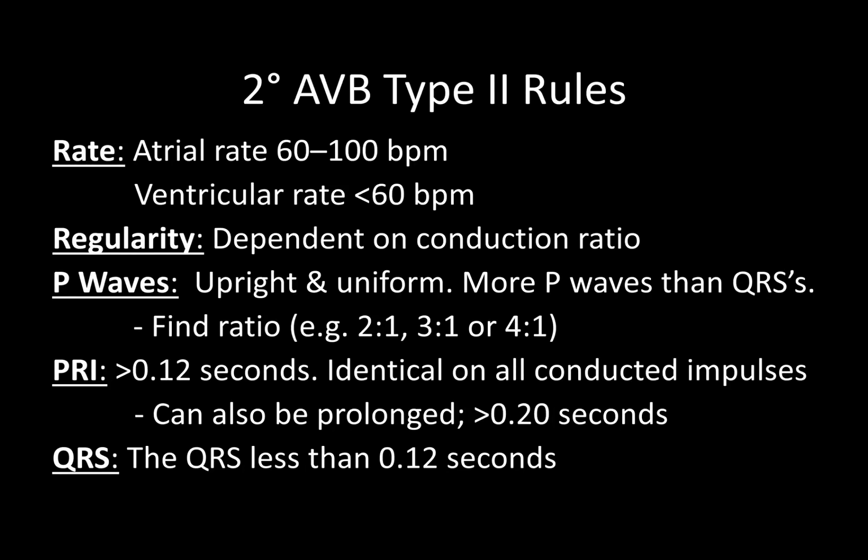As for the rules for second degree Type II, you're going to be looking at your atrial versus your ventricular rate. The atrial rate should be pretty well normal and not too much going on there. Your ventricular rate will very nearly always be bradycardic.